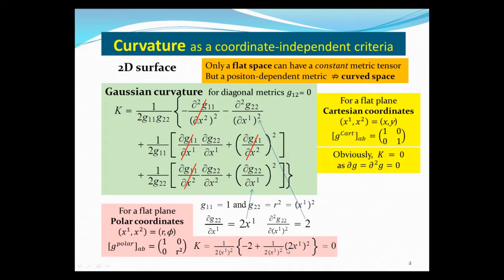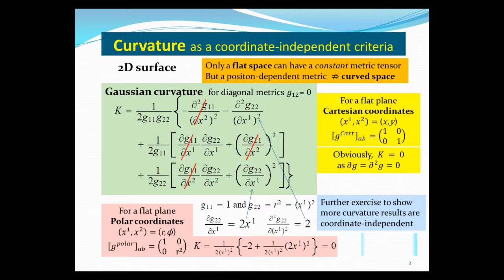So this factor cancels. Here the factor squared is 4, so I get a factor of 2 here. This 2 just cancels the minus 2 here, so it equals 0. So I can show that the curvature indeed is 0 in the polar coordinate system. Therefore I can use K in a coordinate-independent manner to decide whether space is flat or not. I'm going to leave you, as a break exercise, to check some other cases.